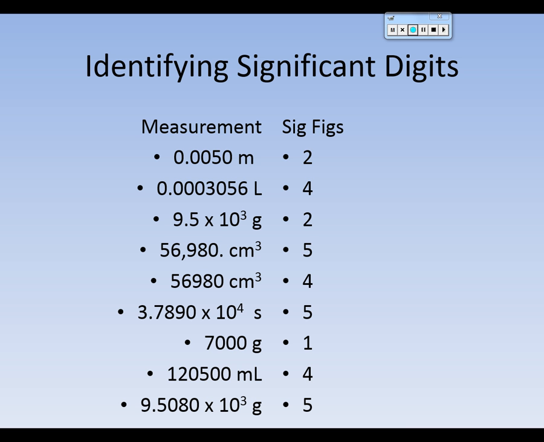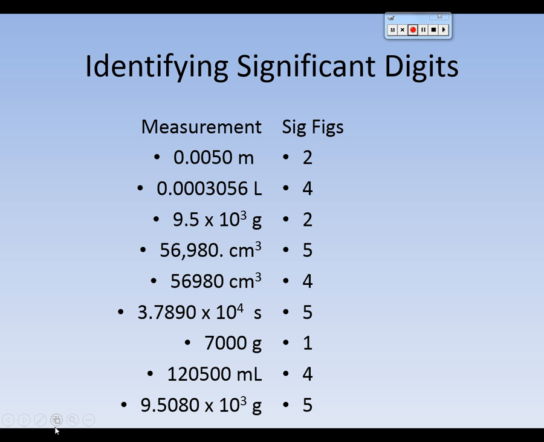Let's discuss questions. Okay, Jillian. For the first 2, why aren't they both 5? Okay, so Rule C states what? Zeros at the beginning of a measurement are never significant. The beginning of the measurement is anything before the first non-zero. Even though these 2 zeros come after the decimal point, they are still at the beginning of the measurement.